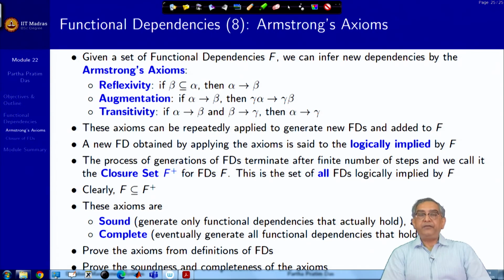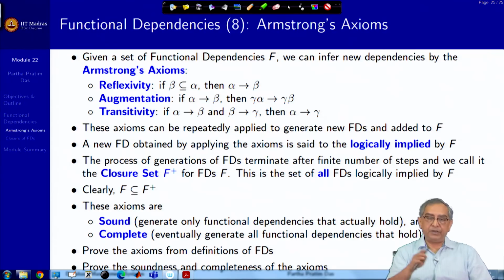Now, two key factors about these axioms are, these are rules to compute, to get more and more functional dependencies. So, we need two things. One is soundness, that is, if we infer a functional dependency by this process, by Armstrong's axioms, it must be a dependency that actually holds. It has to be mathematically sound, which is easy to prove, because all that you need to do is to prove that each one of the axioms is sound.